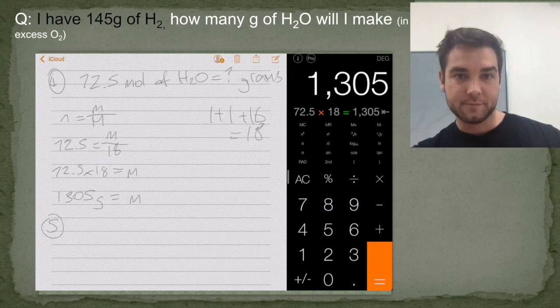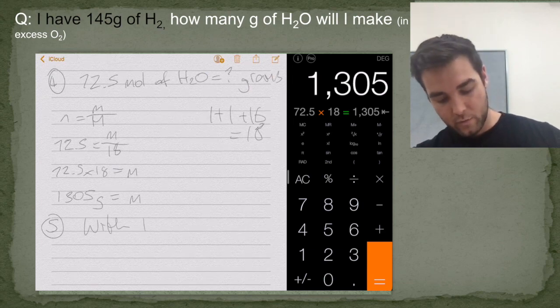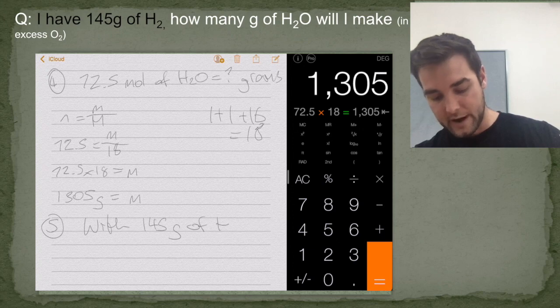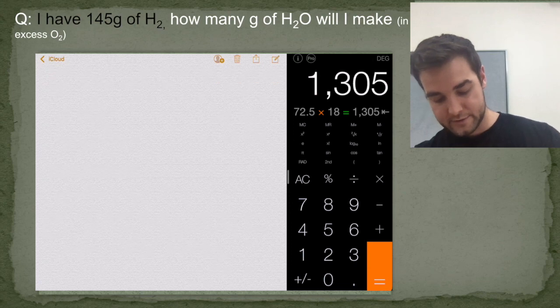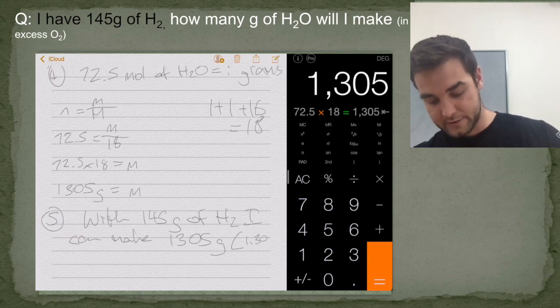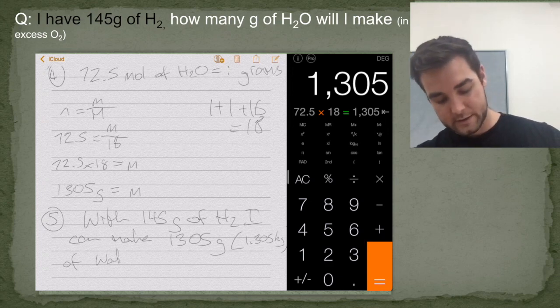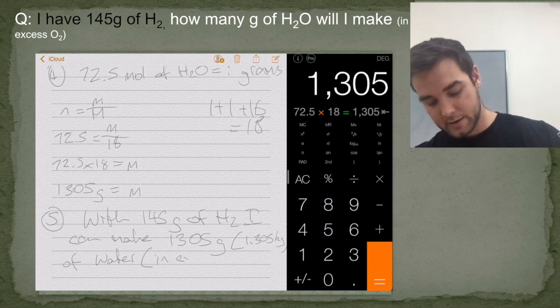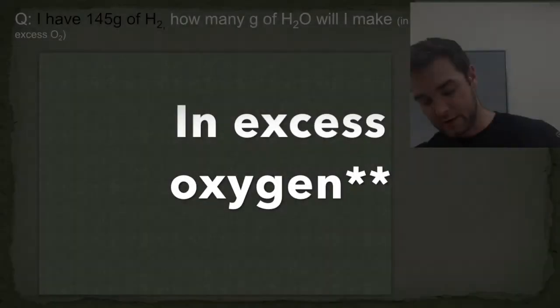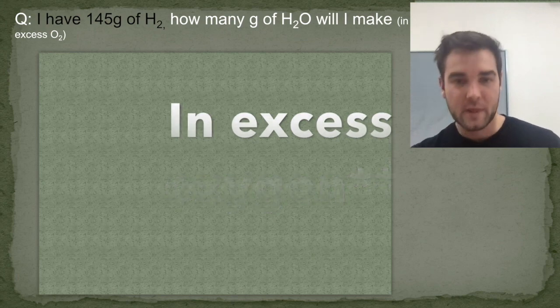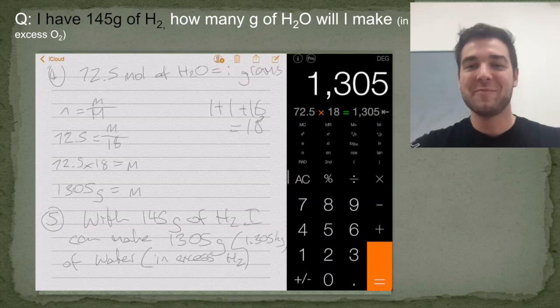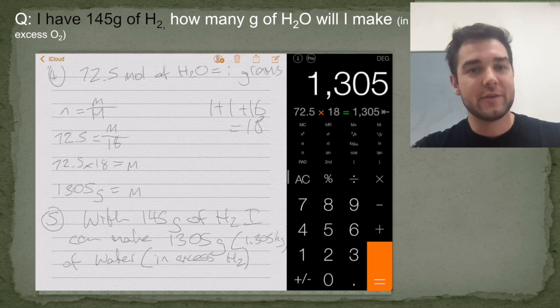So our answer is: with 145 grams of H2, I can make 1305 grams, brackets 1.305 kilograms, of water, in brackets, in excess O2. I need to work on my writing, but I hope you've enjoyed and learned from this tutorial.